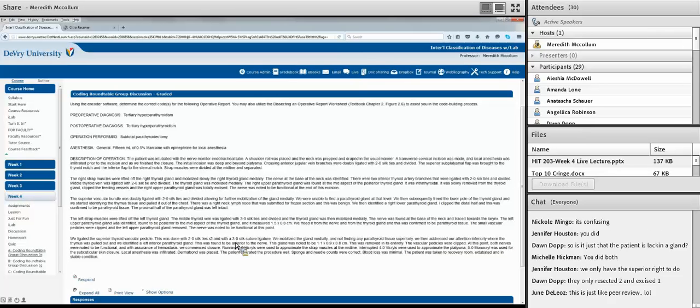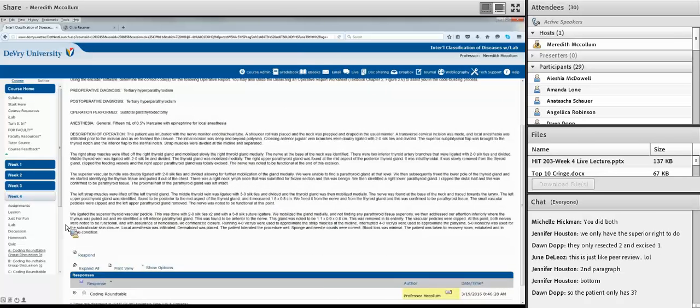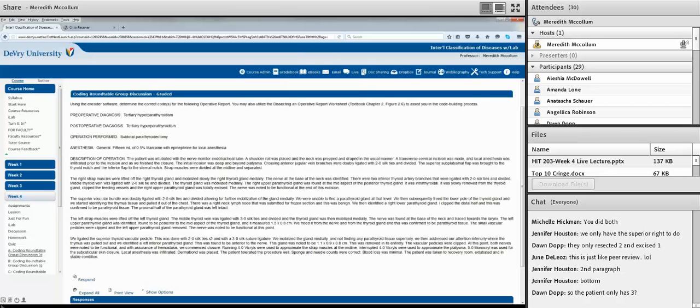Okay. So that's still not, give me 1 second. Thank you. Second paragraph. See, it's 2 inferior thyroid artery branches were ligated, and blah, blah, blah. Middle thyroid vein was ligated, thyroid gland was mobilized medially. The right upper parathyroid gland was found to be in the mid aspect.